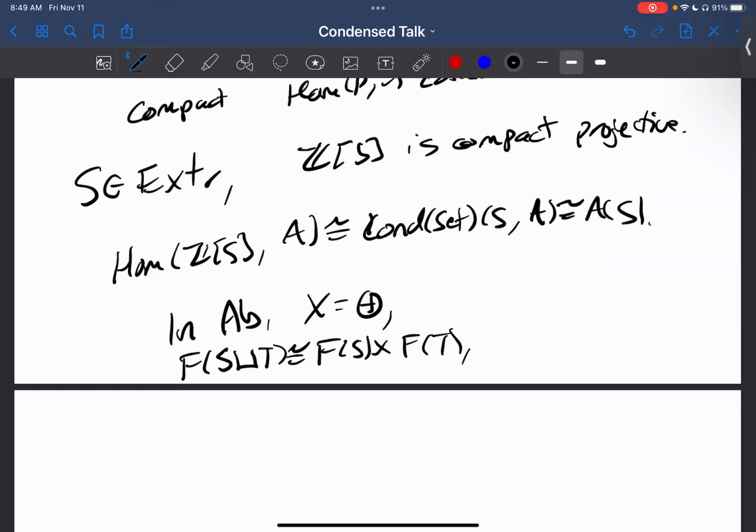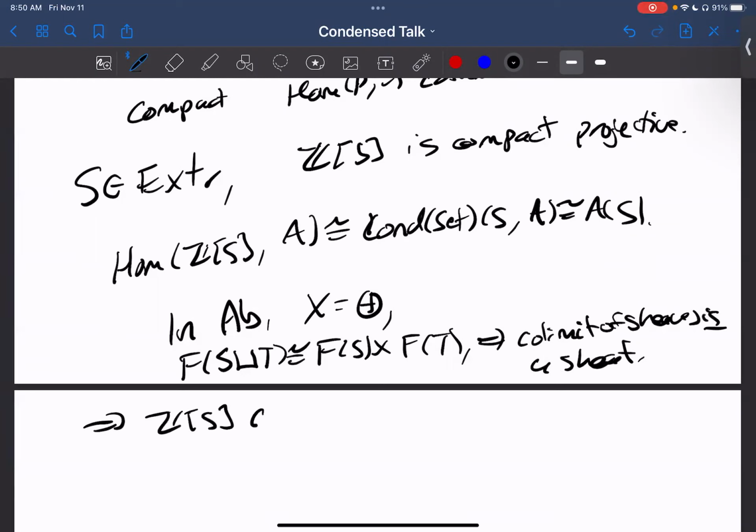So it's going to commute with all colimits because colimits commute with each other. That means that when you take the colimit of these sheaves F, you actually get back a sheaf. So the colimit can be computed pointwise on these extremely disconnecteds, which tells us precisely that Z of S are compact projective generators. Generators just means that everything is a formal colimit of some of them.